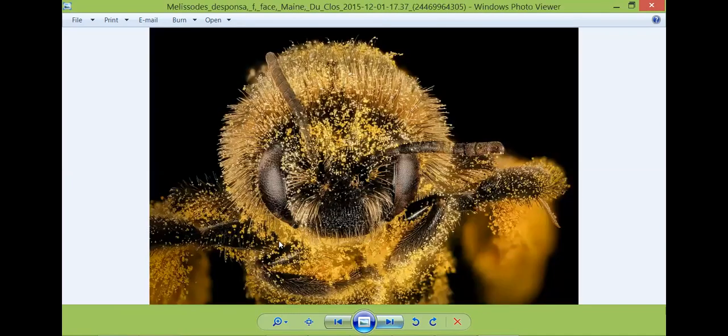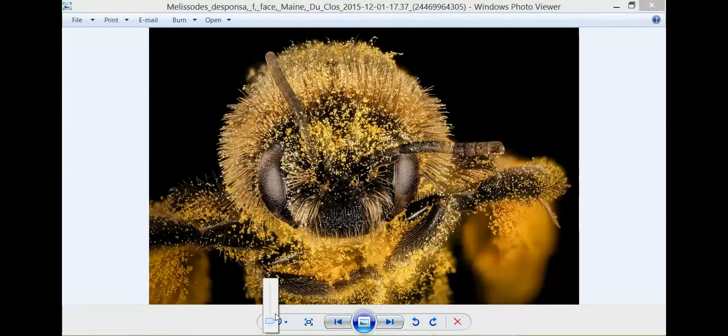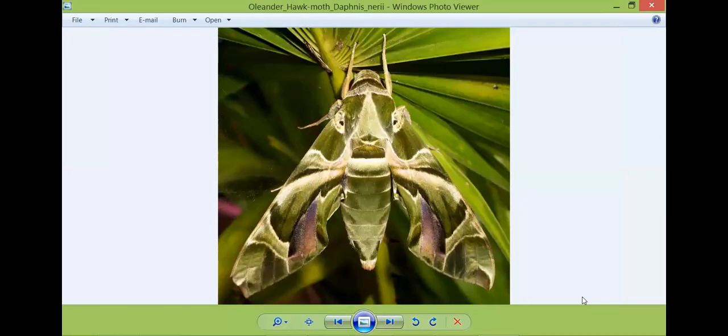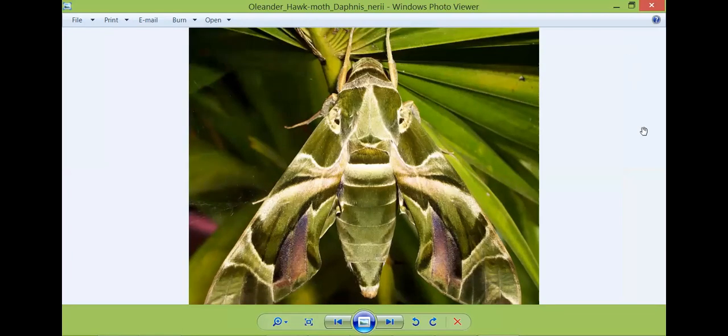You see a beautiful photograph rich in pollens. So you see so much pollens, flooded with pollens. And what is this? Are you able to see what this is actually?